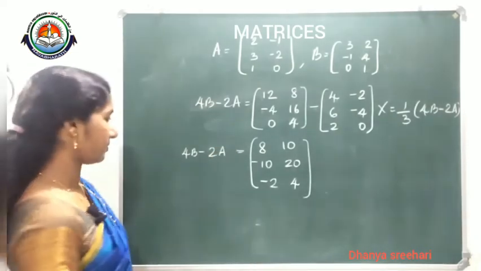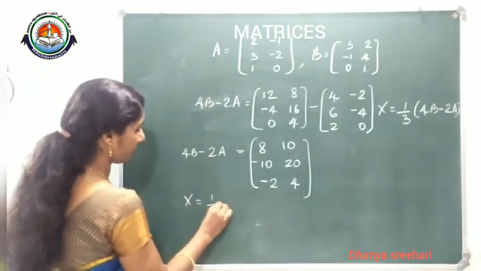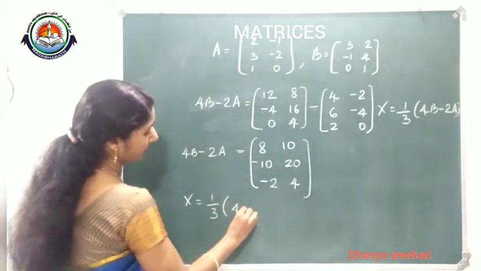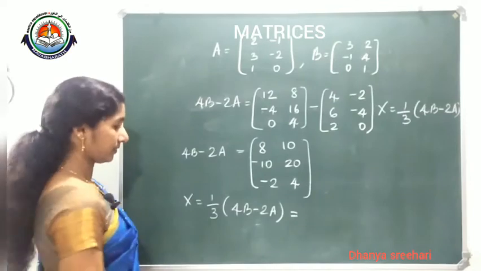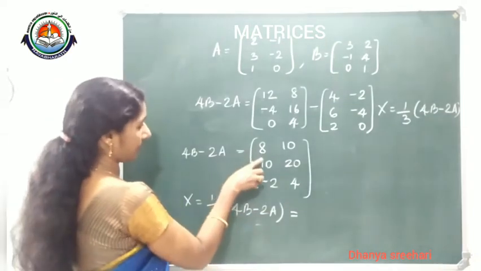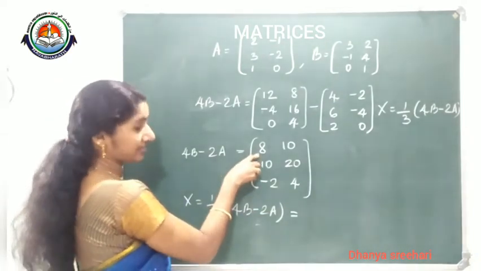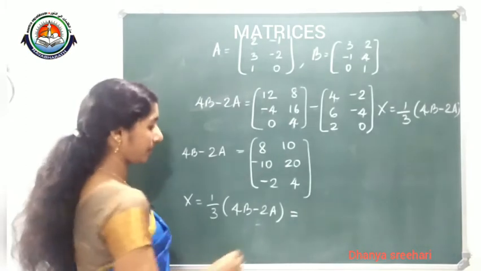And we need X. What is X? X is equal to 1 by 3 of 4B minus 2A. So we need to multiply each element by 1 by 3.